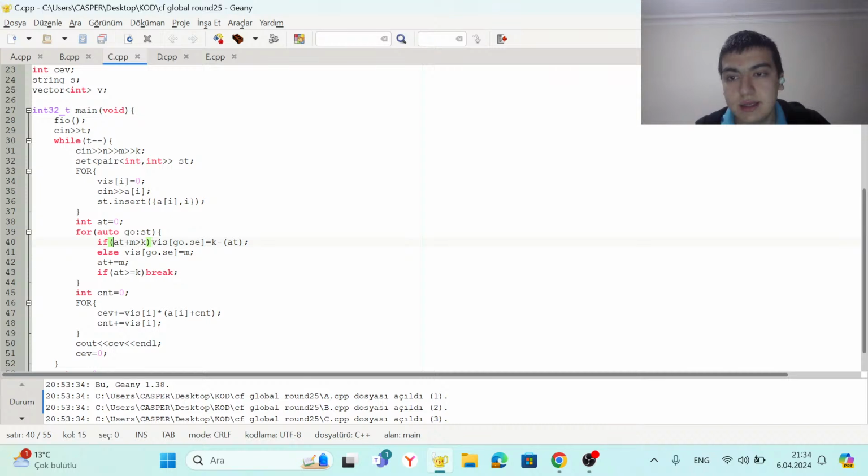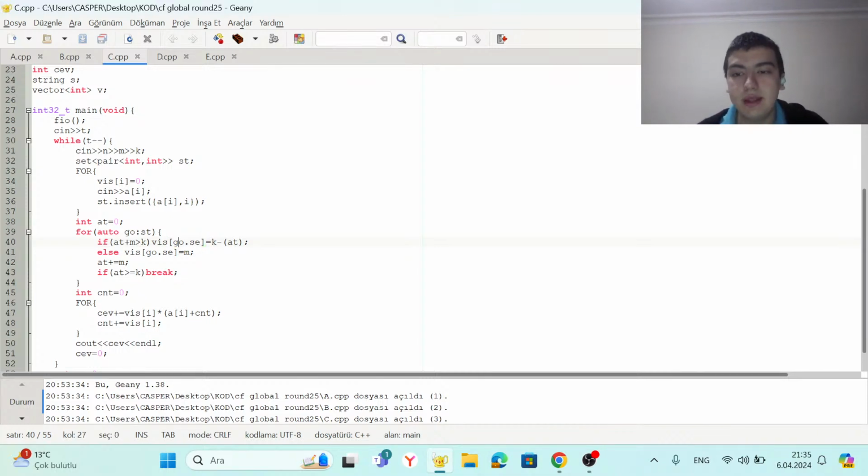And I have a variable like this. If this variable plus m is greater than k, I can only buy k minus this variable on that day. The visit array means the number of tickets that I have bought on the ith day.